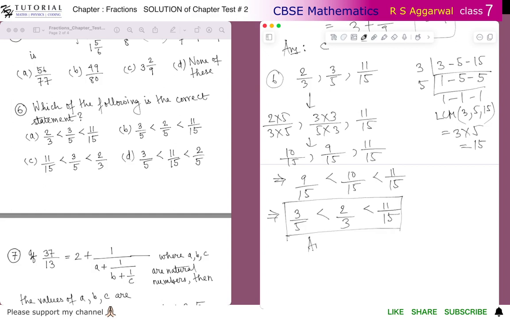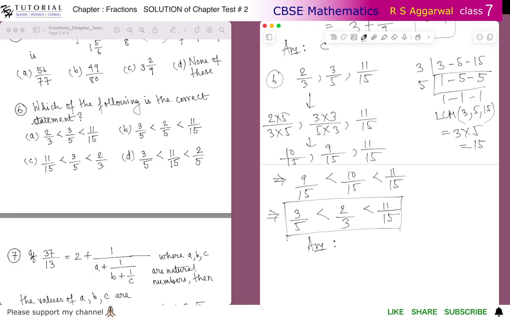And so the correct choice is 3 by 5 less than 2 by 3, but it is not matching with any of the given choices. Why?